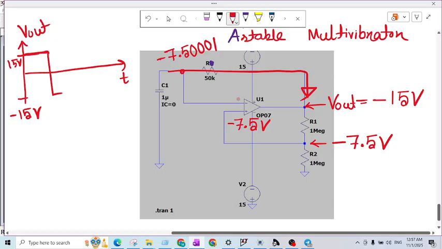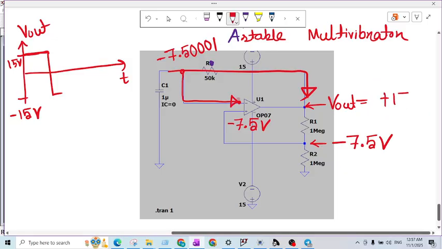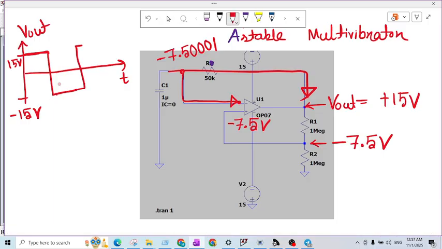You see now this voltage appears here, and this voltage is less than the positive terminal or non-inverting terminal voltage. That means now the output voltage will be no longer minus, now it will be positive 15 volt. That means this graph will again go to positive 15 volt.